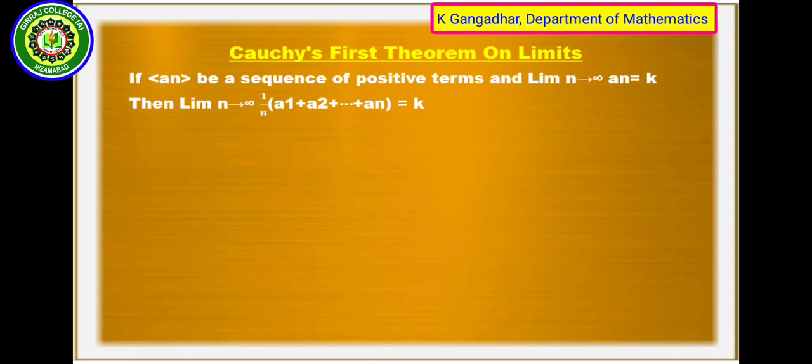So now some theorems on limits, Cauchy's theorems. First, Cauchy's first theorem on limits. What is the statement of this theorem? If an is a sequence of positive terms and limit n tends to infinity an equals k, then limit n tends to infinity 1 by n into a1 plus a2 plus so on plus an equals k.